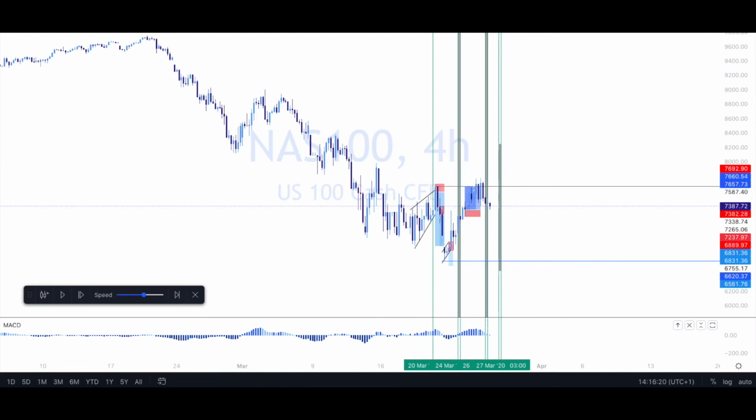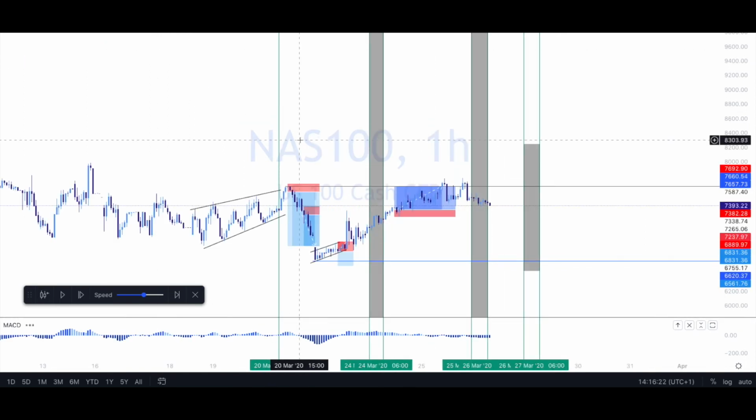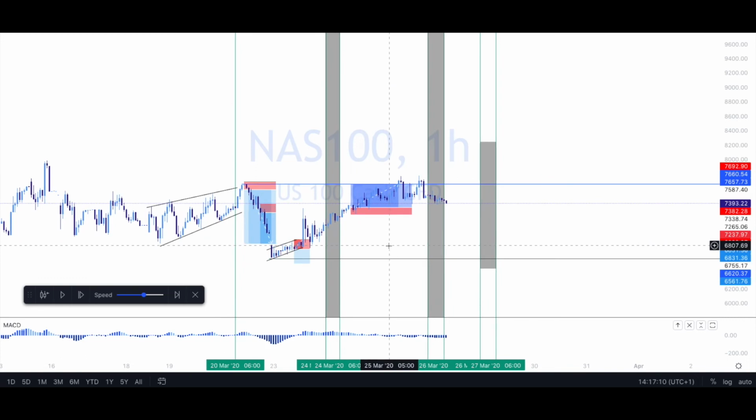So, okay, I'm going to stick in a buy. Let me just rationalise this in my mind, see if it makes sense. Okay, I'm going to put in a buy.